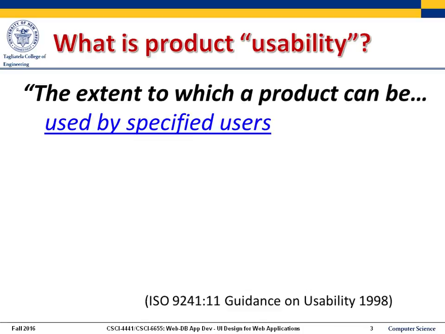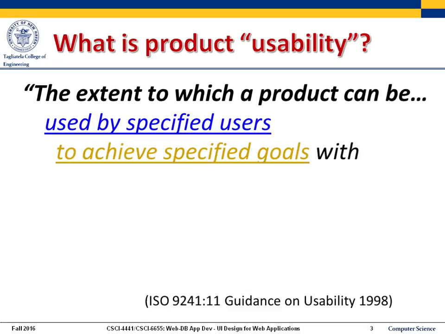So who are your users? That's number one. To achieve specified goals. Now that you have an idea who your target users are, you have to have some idea what it is they want to do, and what will make them happy. And if you're interested in this, by the way, come my next semester, my human-computer interface class, and you will learn all about how you figure this out.